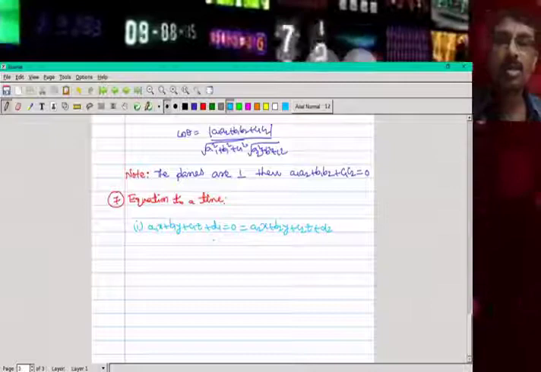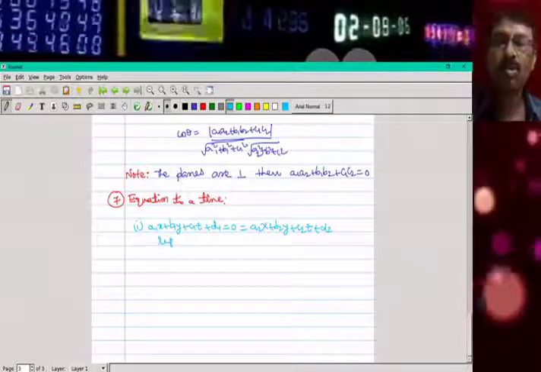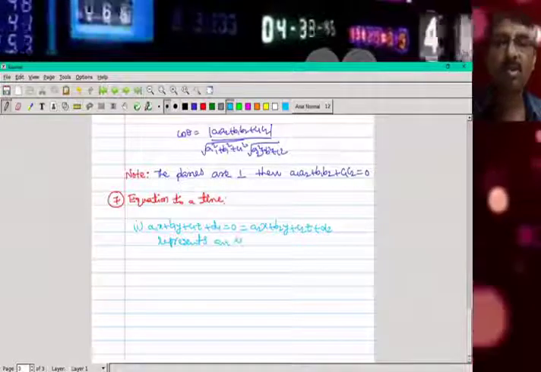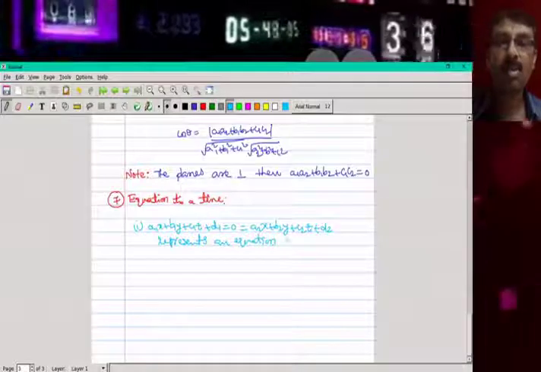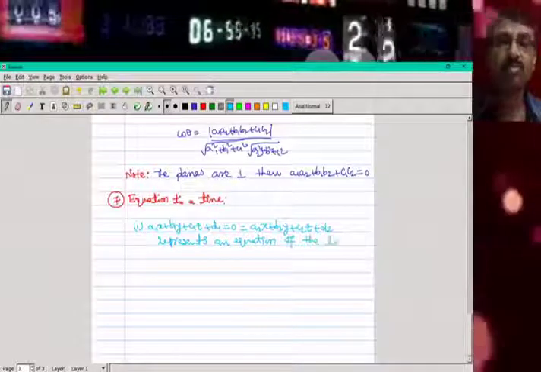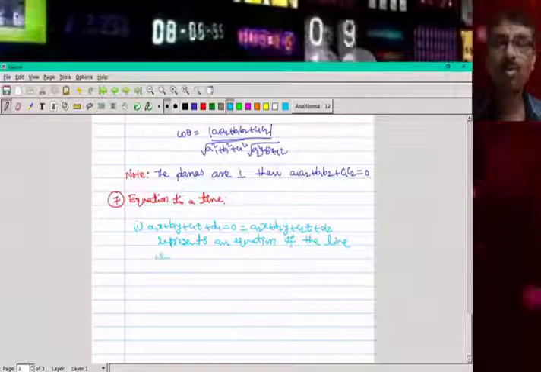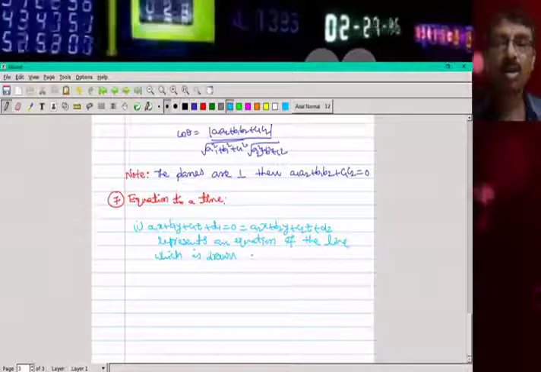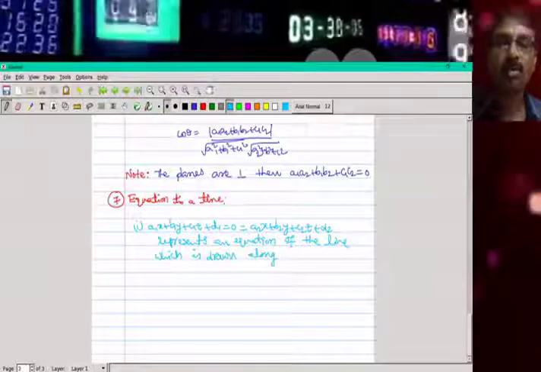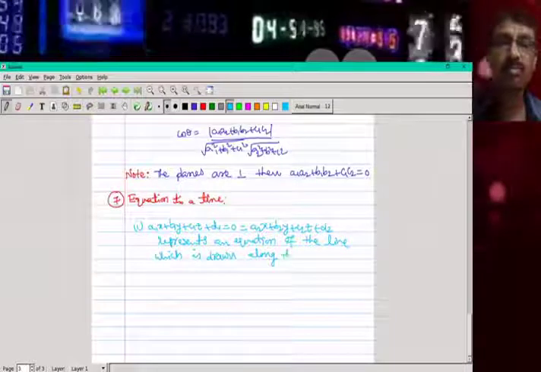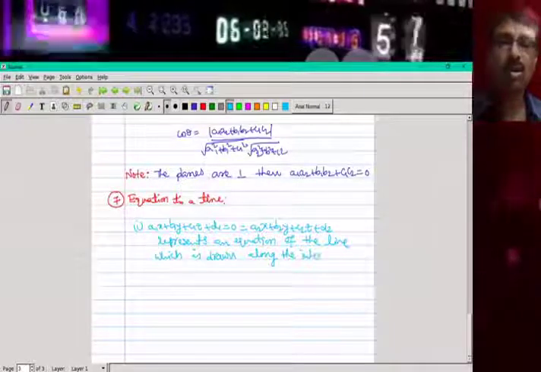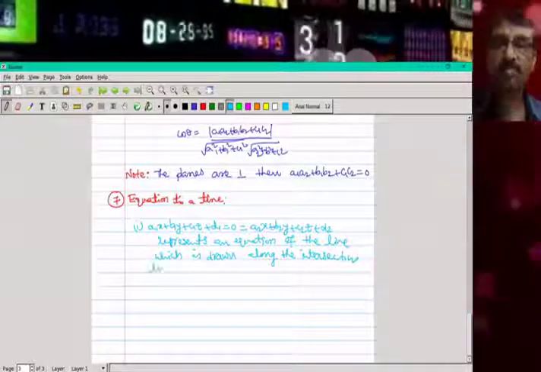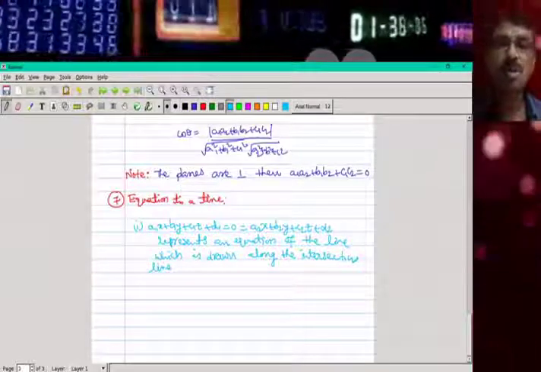Together they represent the equation of the line which is drawn along the intersection line.